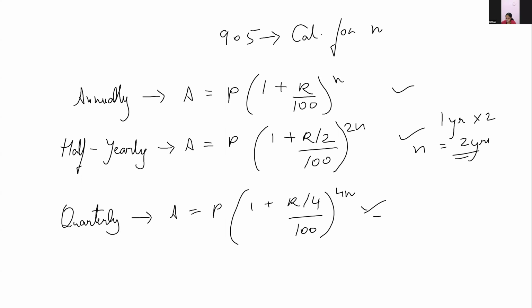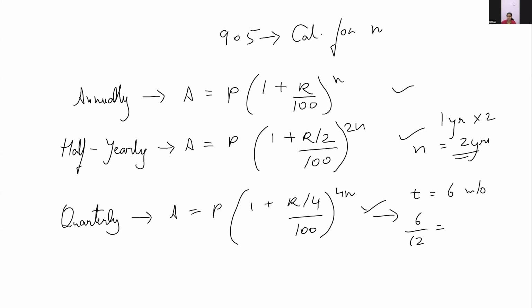In quarterly, if your time is given as, suppose, 6 months, first do 6 by 12.